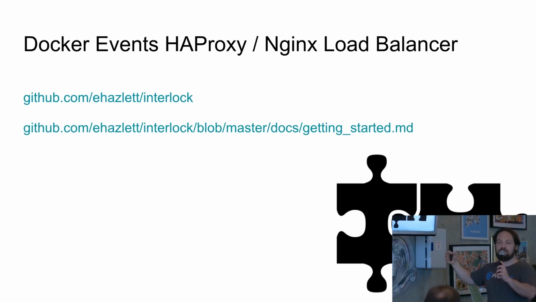So if you want to have kind of a very uncomplex, simple load balancer, you can use Interlock. It's of course running in a Docker container, listens on the events endpoint, and generates configuration for nginx to know which ports and containers it needs to send requests to by being a load balancer.